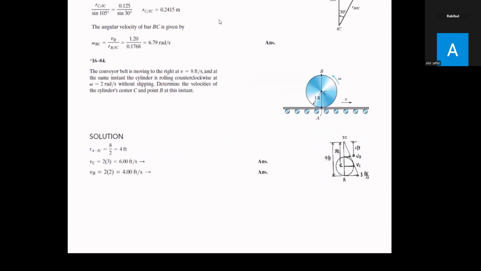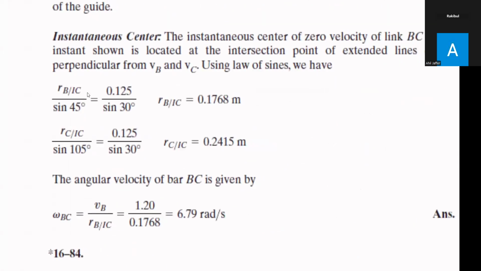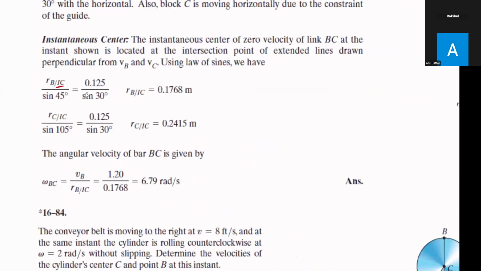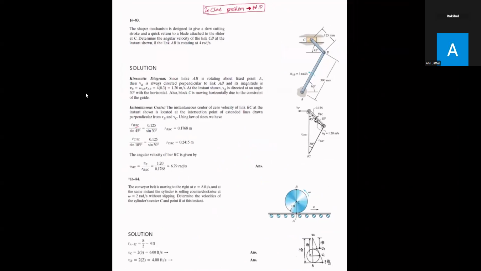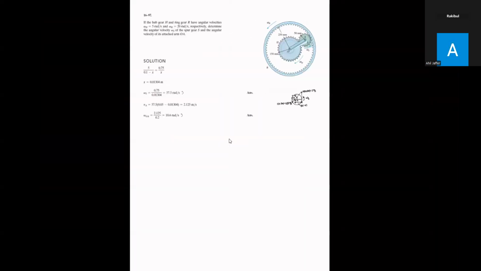Yeah, I can say it's instantaneous center of zero velocity. You're right. They have done this using the IC, instantaneous center. Where is the other note, in class, absolute?